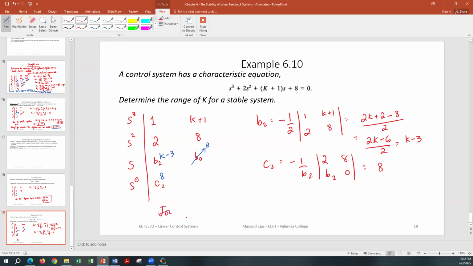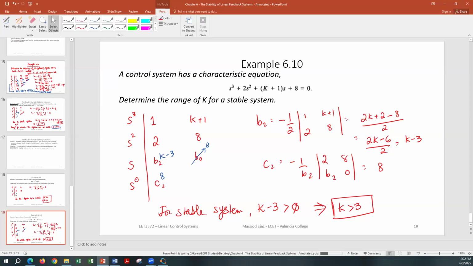Therefore, k has to be greater than 3. And that's the end of this chapter.